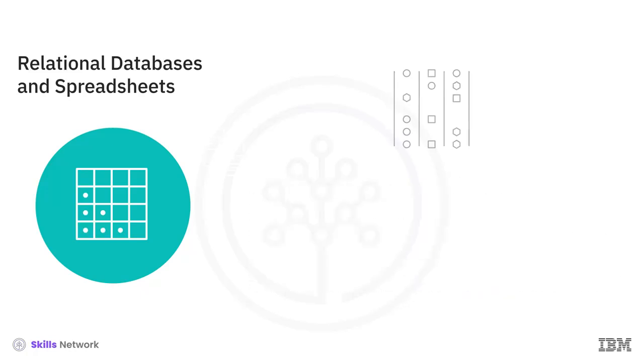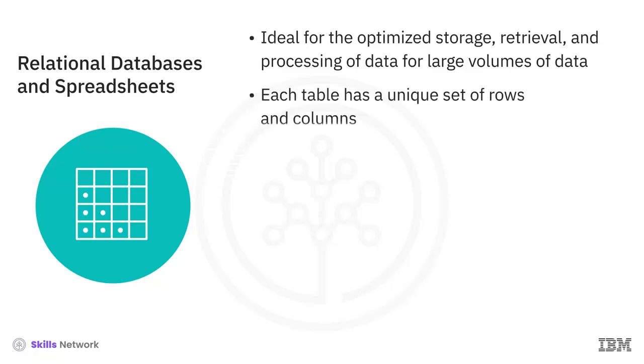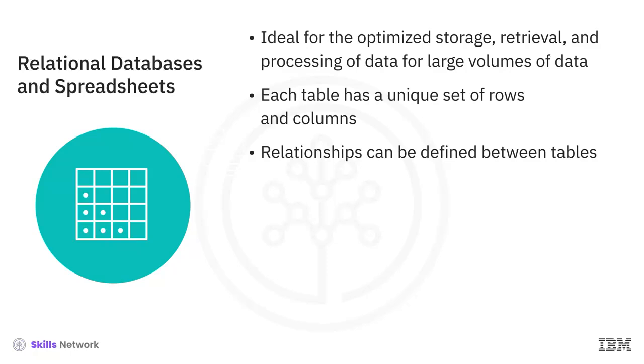Relational databases, by design, are ideal for the optimized storage, retrieval, and processing of large volumes of data, unlike spreadsheets that have a limited number of rows and columns. Each table in a relational database has a unique set of rows and columns, and relationships can be defined between tables, which minimizes data redundancy.